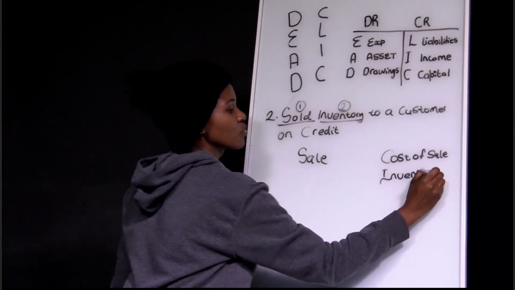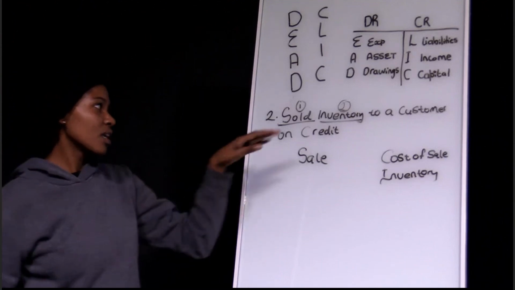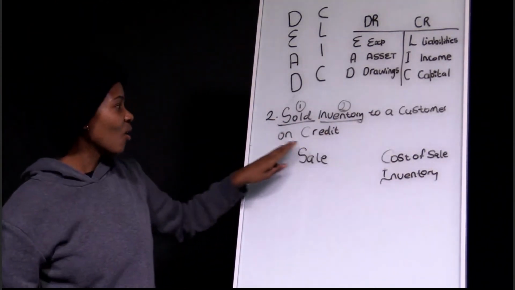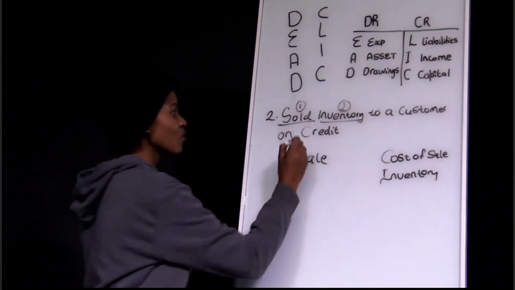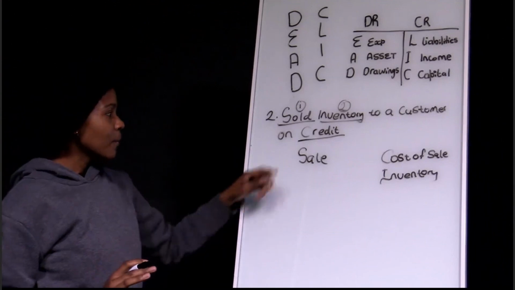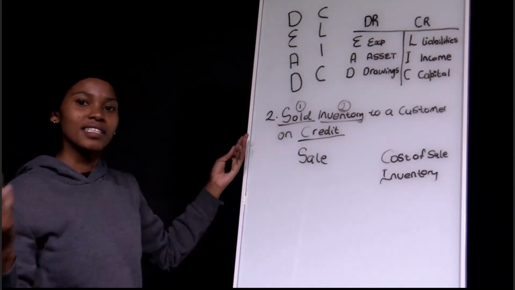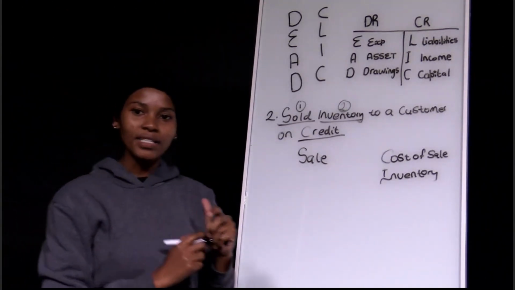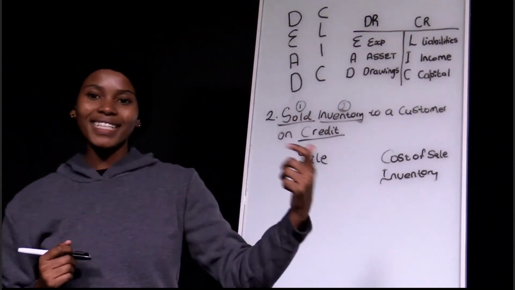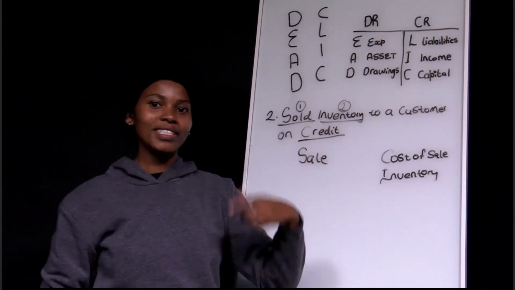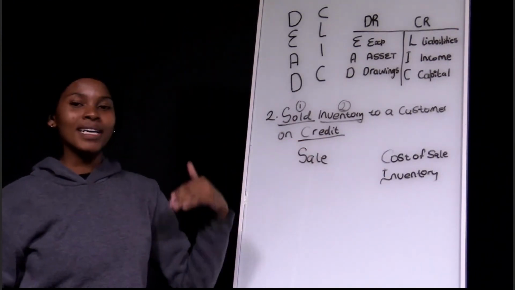It looks like we are going to determine all the accounts in one go. So we sold inventory to a customer on credit, right? This customer did not pay for this inventory. Maybe she's going to pay at a later stage. The people that we sell to on credit, we call them debtors, because they owe us money.